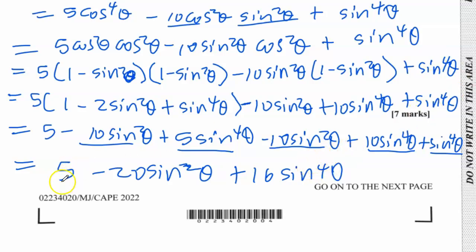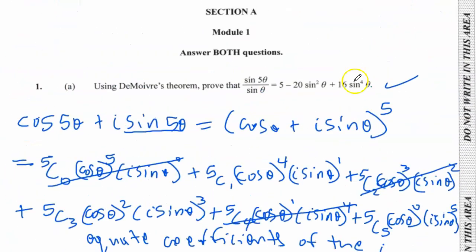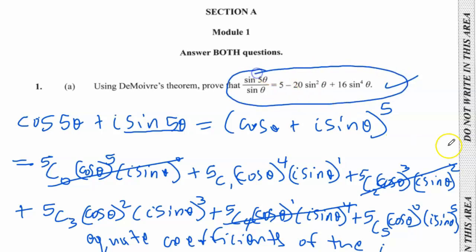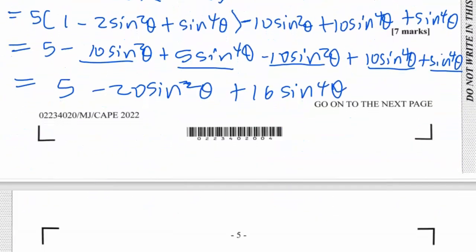Alright? So 5 minus 20 sine squared theta plus 16 sine to the power 4 theta. Notice that's exactly what we're asked to prove. 5 minus 20 sine squared theta plus 16 sine to the 4th power theta. I just did that.